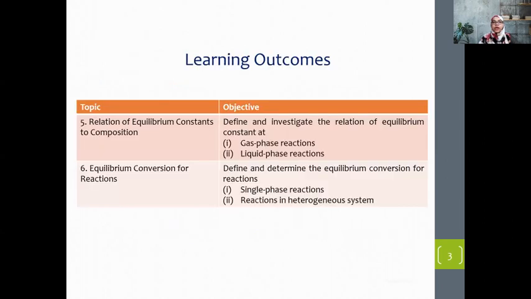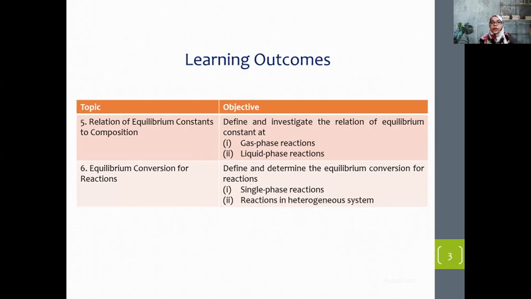Today we are going to learn about the relation of the equilibrium constant to the composition by defining and investigating gas phase reactions and liquid phase reactions. And then the last topic is to relate it with the equilibrium conversion for the reaction.